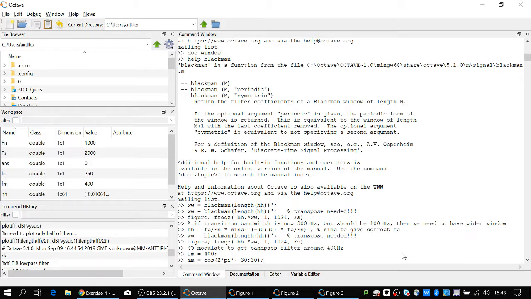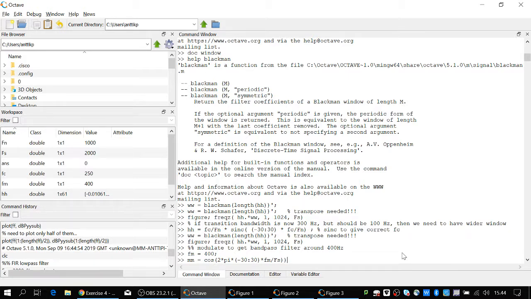Wait a minute, what do I say here? n times the modulation frequency, divided by the sampling rate, yes, that's the way to do it, okay.